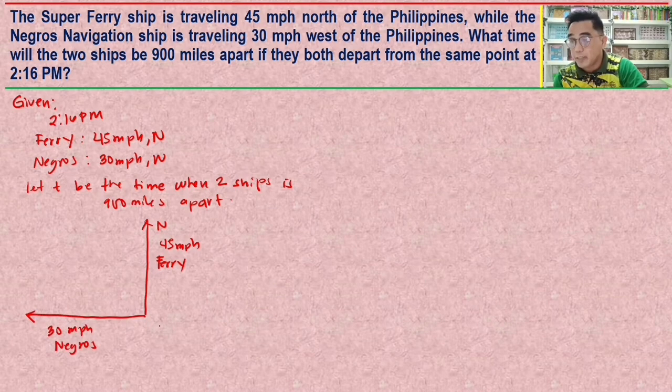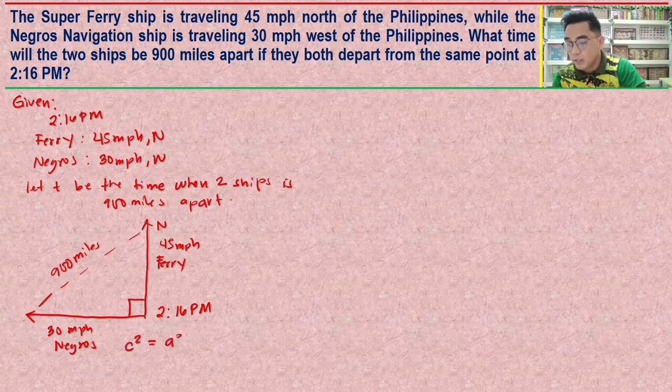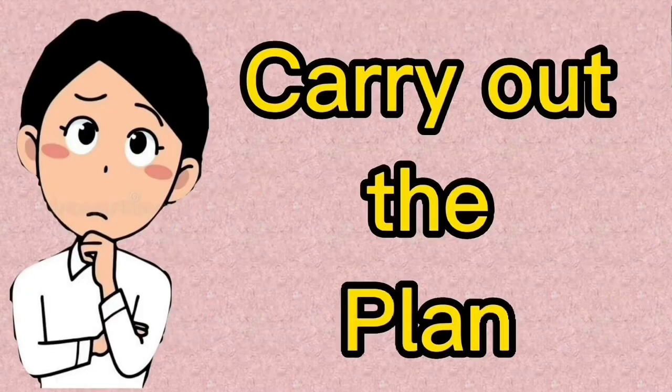These two ships started their journey at 2:16 p.m. After a certain time, the two ships will be 900 miles apart. Definitely, this figure shows us that we can apply the Pythagorean theorem, which states that c squared equals a squared plus b squared. Carry out the plan.